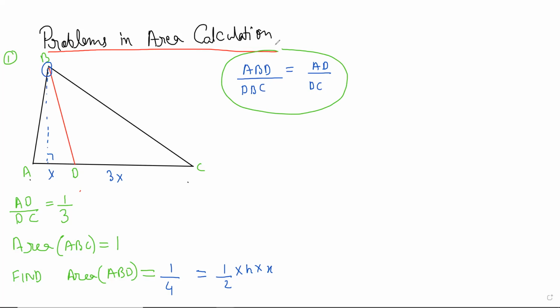If the height is the same, then the base is what determines the area. So this is the first technique in calculating area, and we're basically using scaling. We're seeing how the area scales when you scale the length.